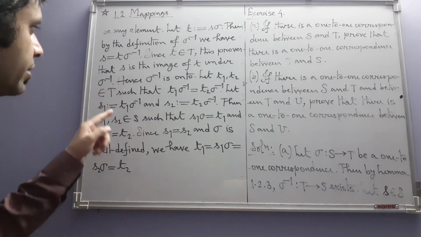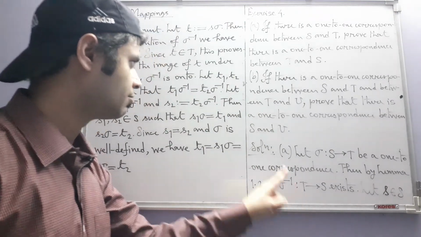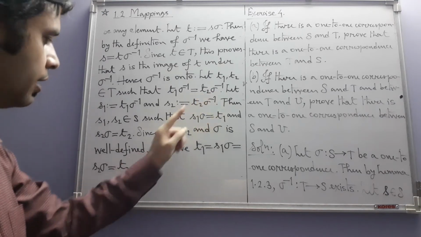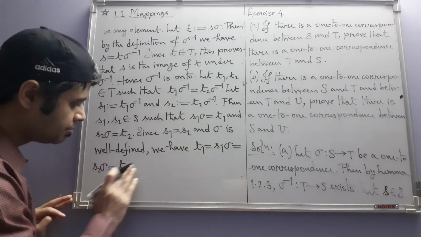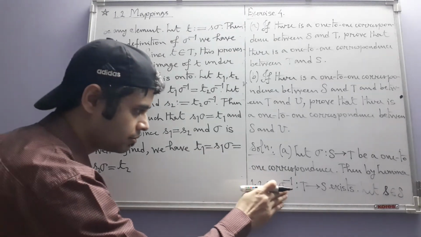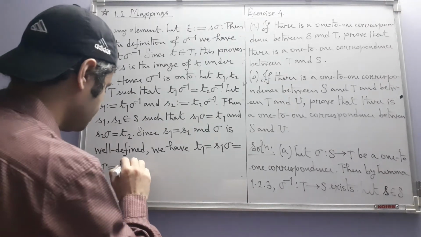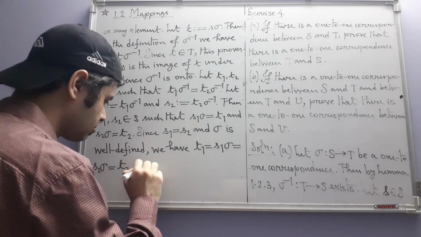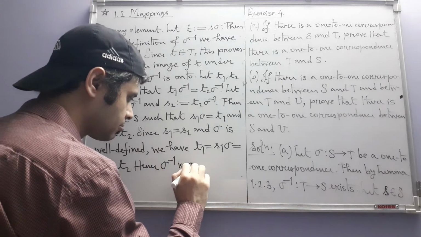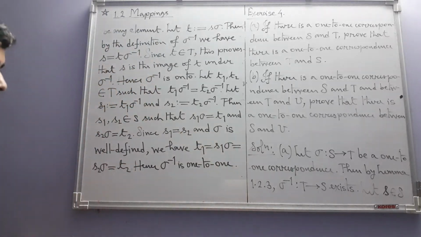So you see what we have done. We have taken two elements in the domain of sigma inverse, t1 and t2, such that their sigma inverse images are equal, and we have ended up proving that the elements t1 and t2 are equal. So this tells us that sigma inverse as a mapping is 1 to 1. Hence sigma inverse is 1 to 1, and that's what we needed.